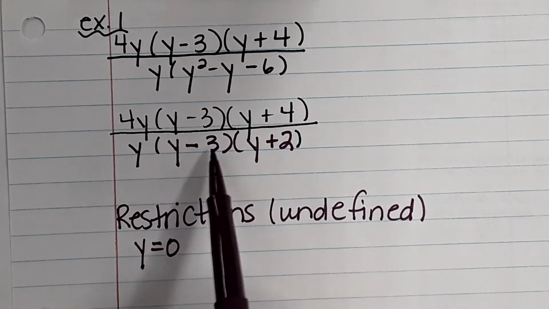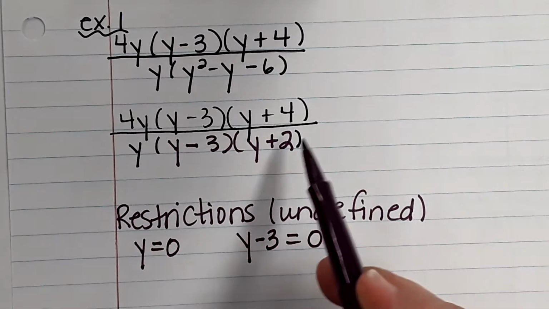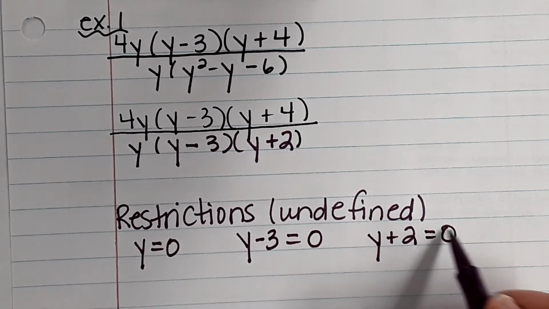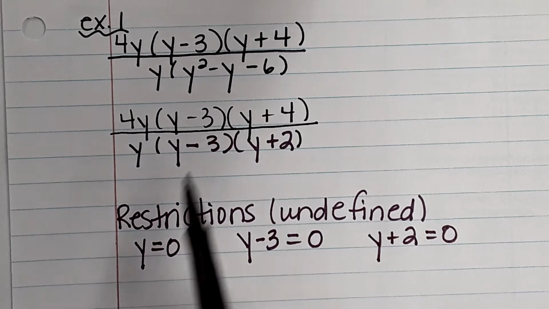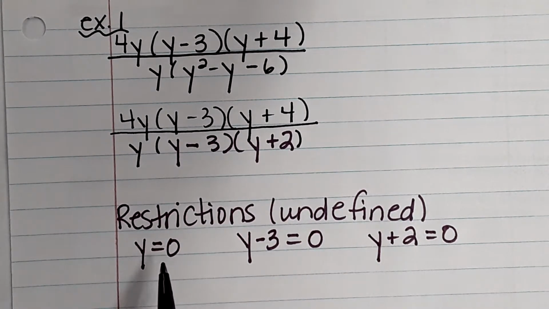We're going to set this y minus 3 equal to 0. And we're going to set y plus 2 equal to 0. This one's done. So if we put y in for 0 as our domain, we would get an error. So it is undefined, so this rational expression is undefined at y equals 0.